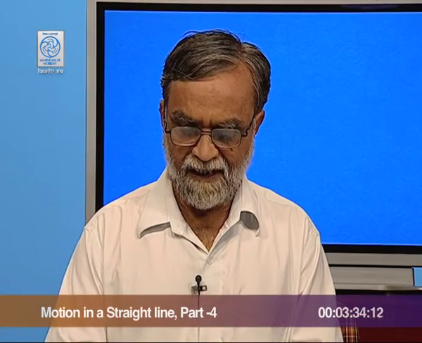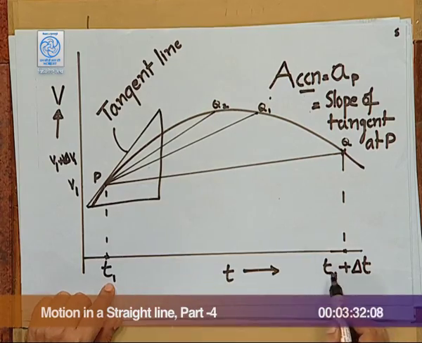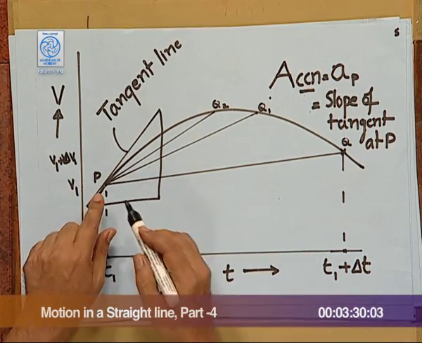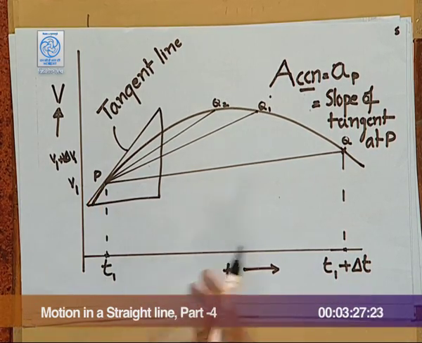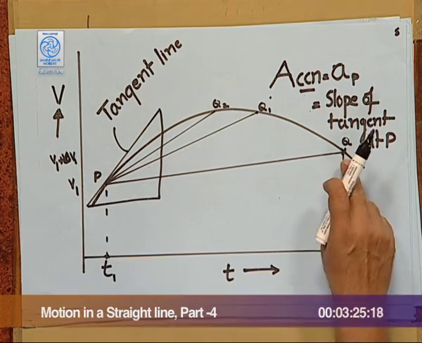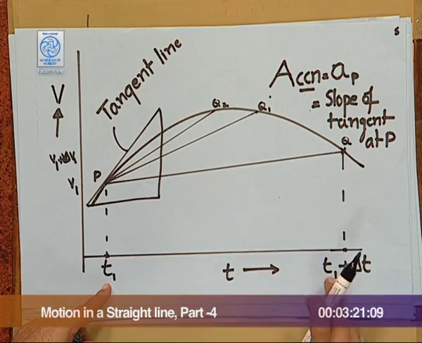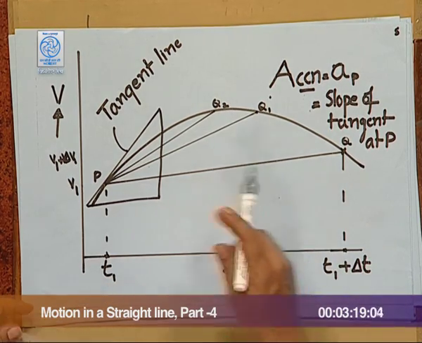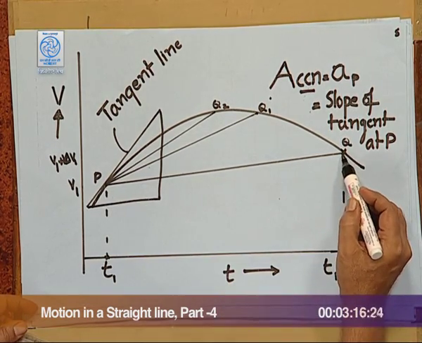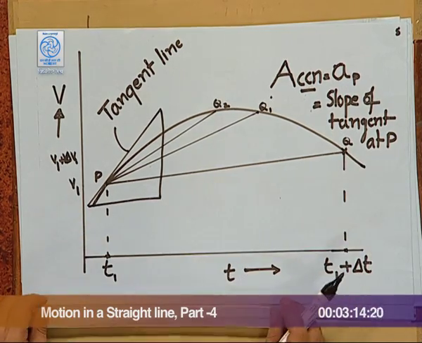Average acceleration in the interval t1 to t1 plus delta t is given by the slope of the line joining point P to Q, that is, the change between the velocity at t1 and the velocity at t1 plus delta t, indicated in the graph as the line PQ.